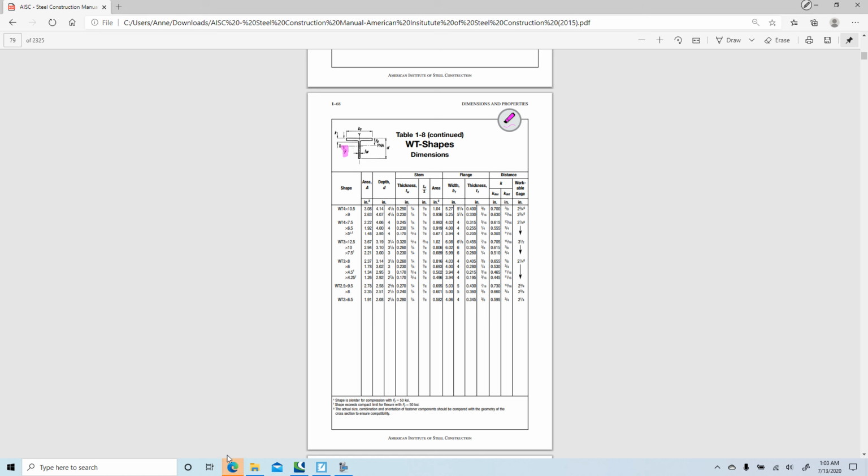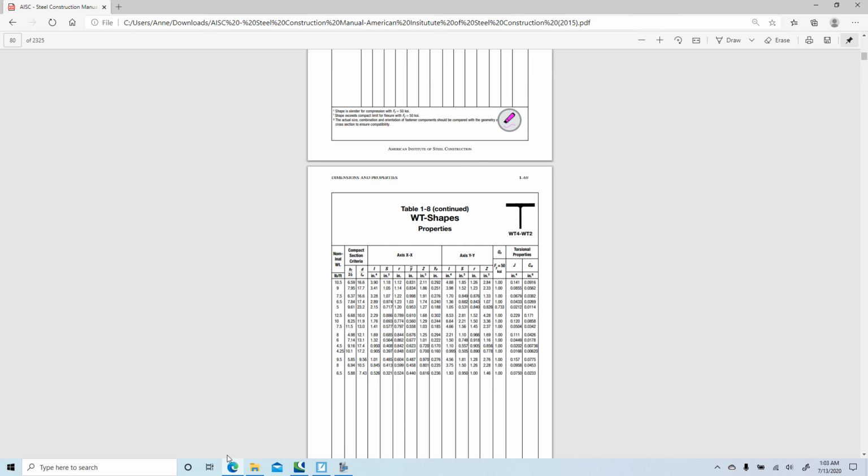So I need to know the y bar for a WT4x9. Here it is, 0.834. Right, if you are on page 1-73 in the manual, yep, 0.834.